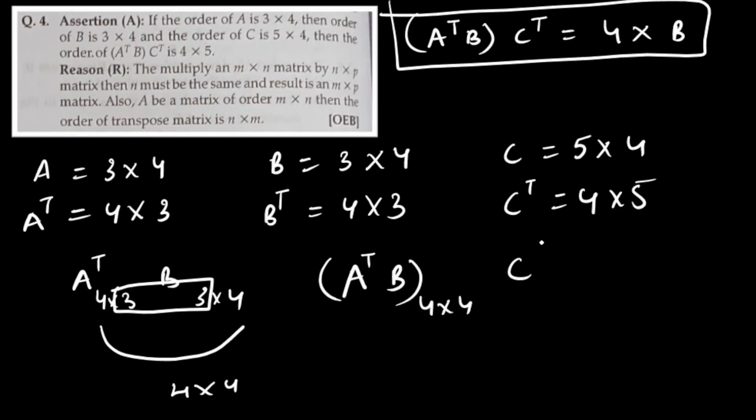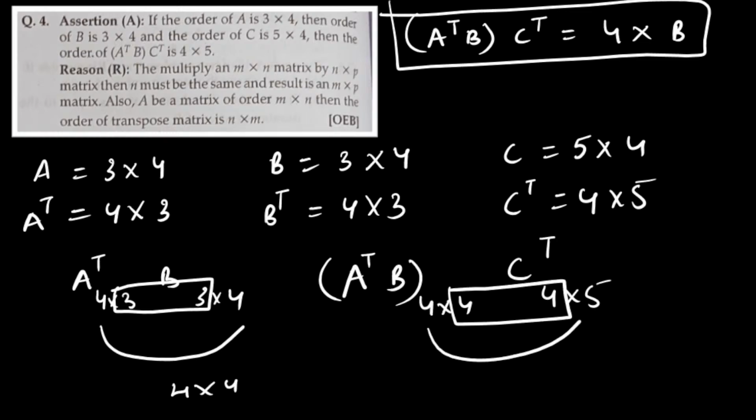Now this we are multiplying with C transpose. What is the order of C transpose? 4 by 5. This is same, and the resultant order will be 4 by 5. This is what they have given us also. So that means this is true.